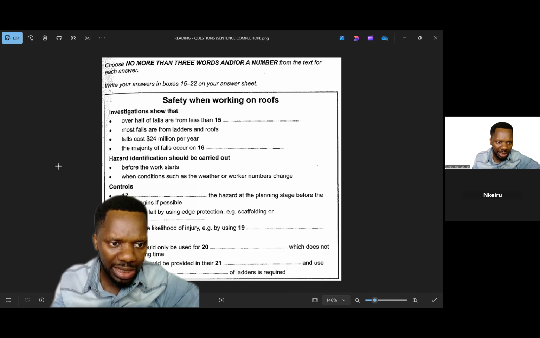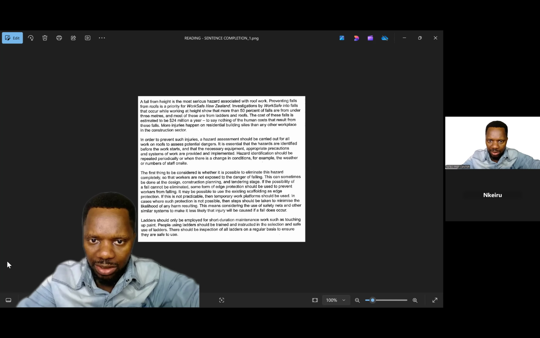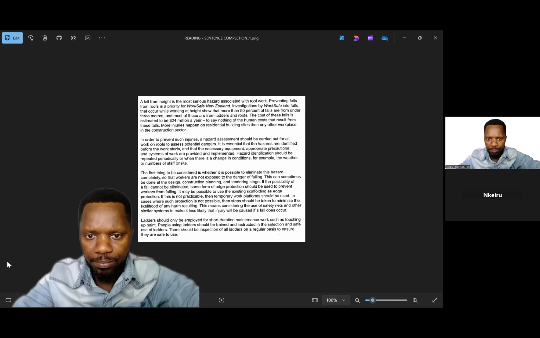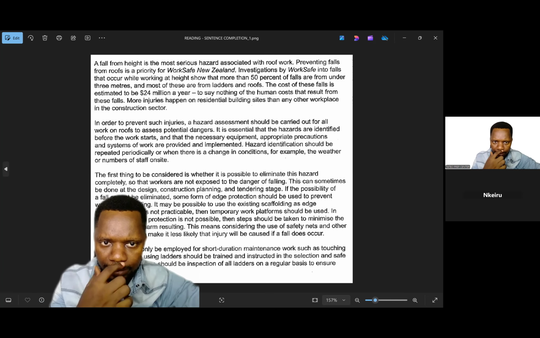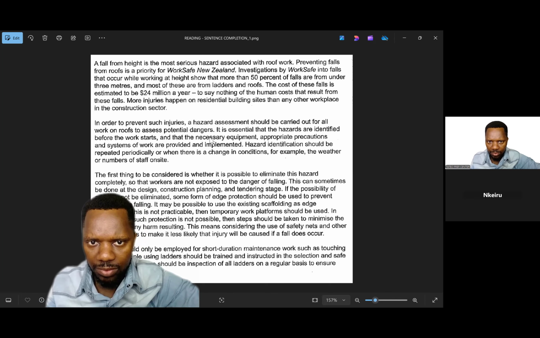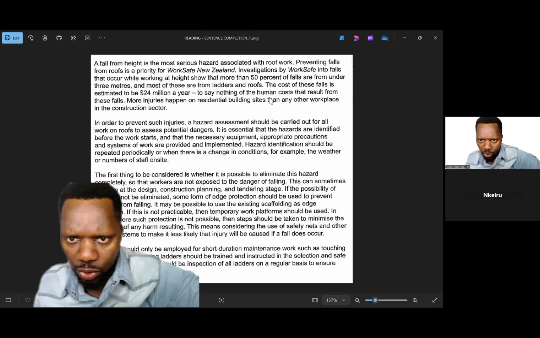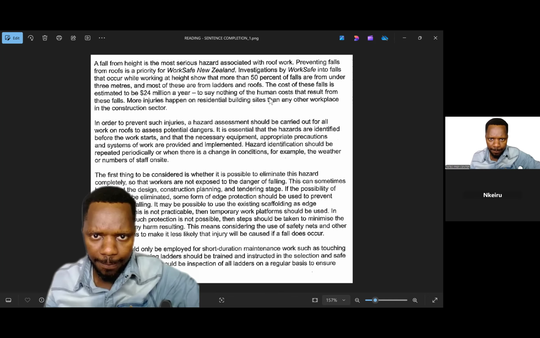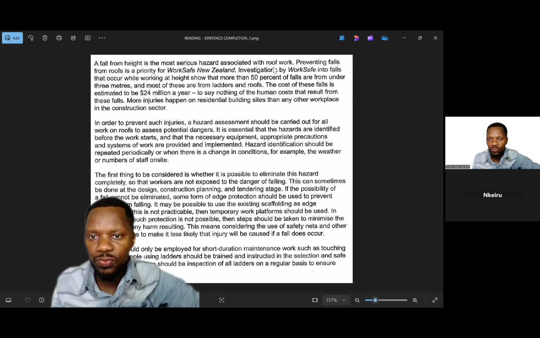So to get started, here is what you might want to do. We would go back to the passage. Here it says, a fall from height is the most serious hazard associated with roof work.